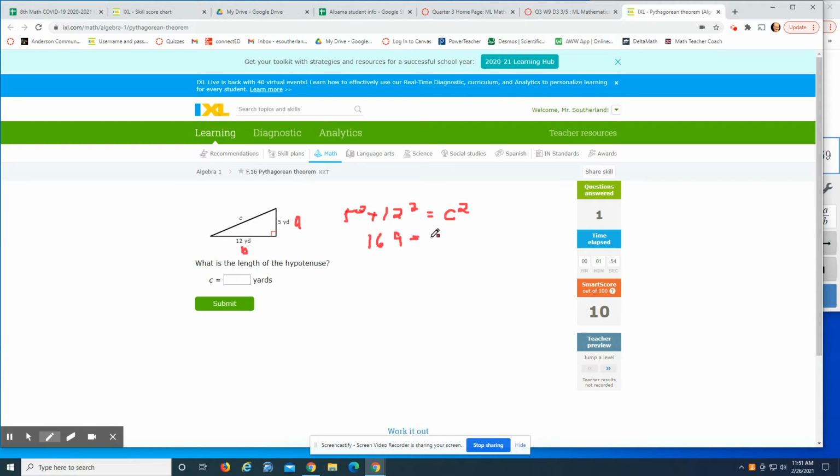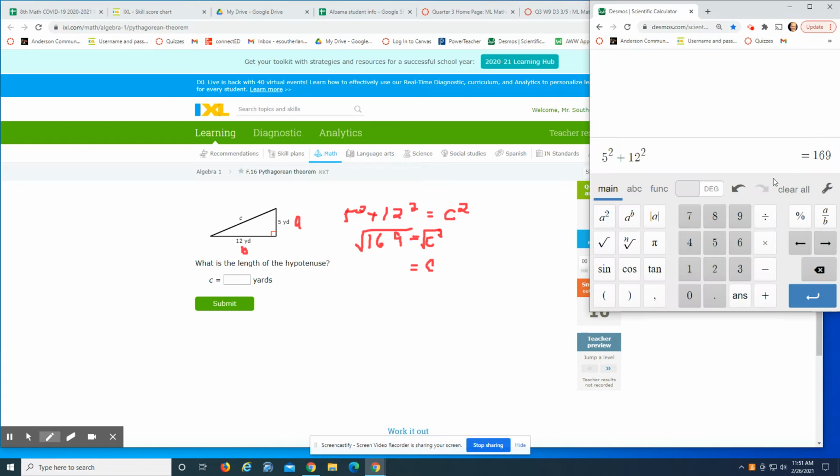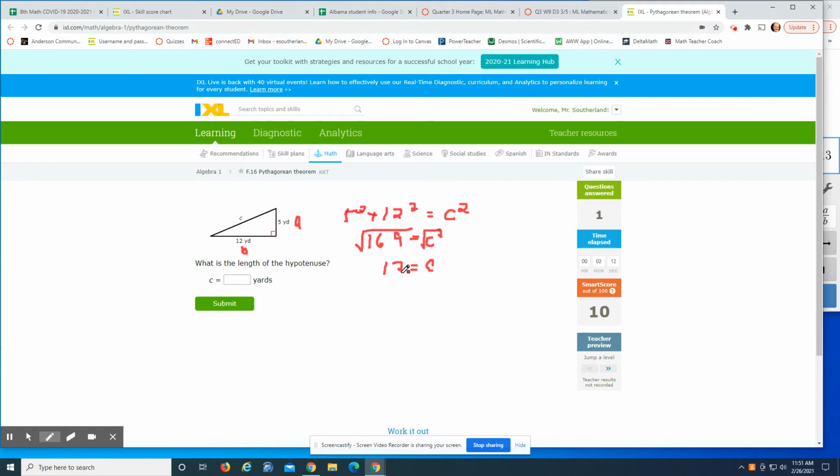C squared drops down. Find the square root of C squared is C. And the square root of 169 is 13, but we'll double check with the calculator. And so I would just simply type in 13 here.